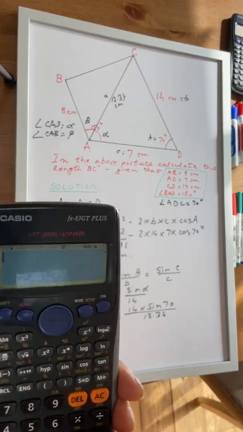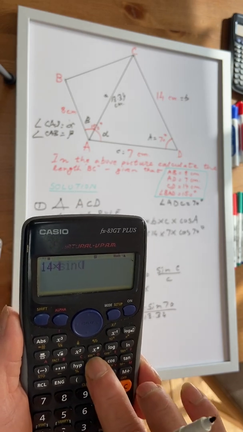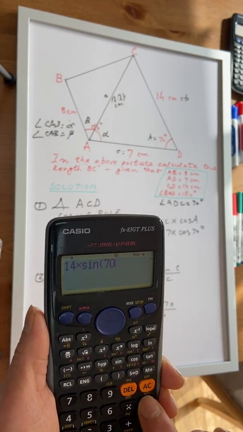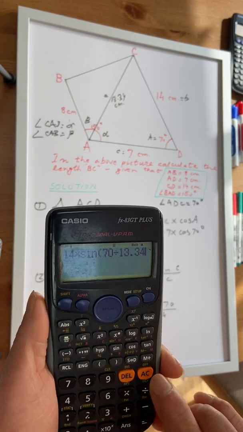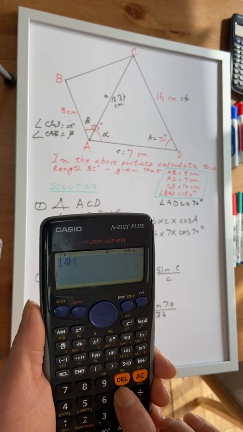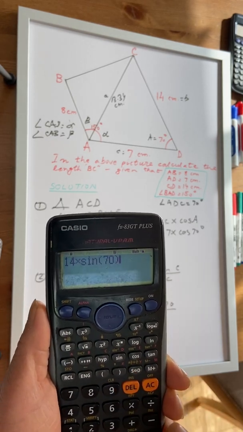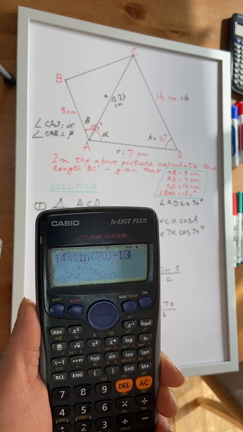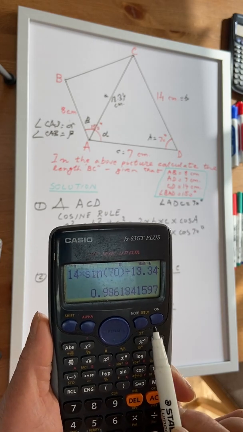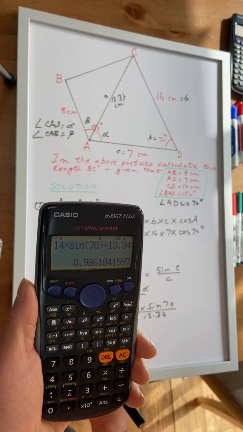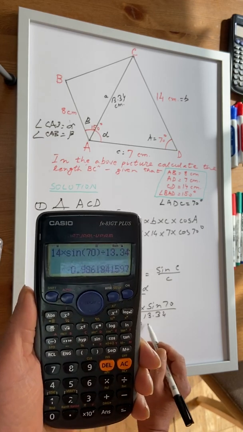So let's find out the value. 14 times sine 70 divided by 13.34 is equal to 0.986. So sine alpha is equal to 0.986.